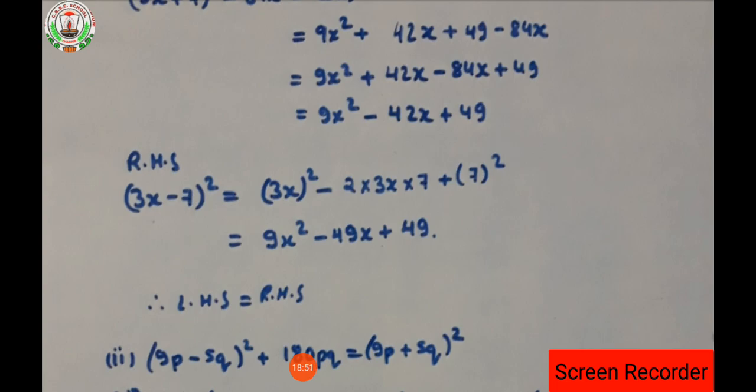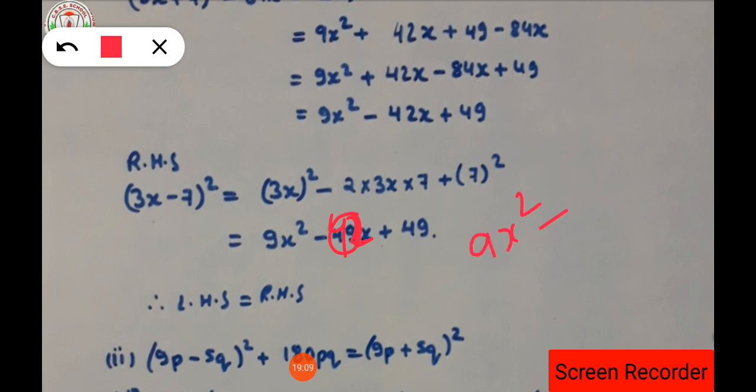That will be 9x square minus 49x. So students, here it will not be 49, make the correction. Here instead of 49 it will become 42. Okay, so 9x square minus 42x plus 49 will be there.